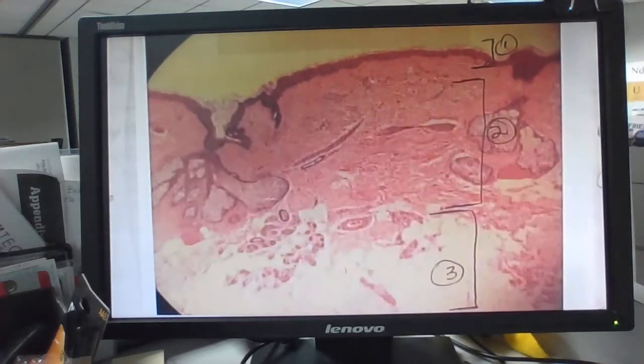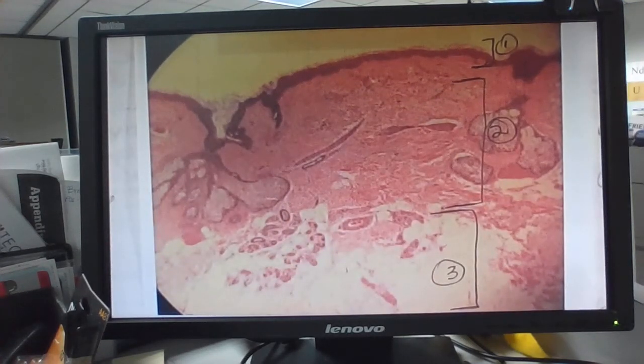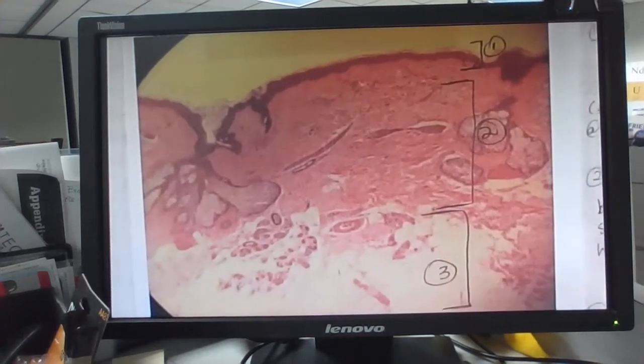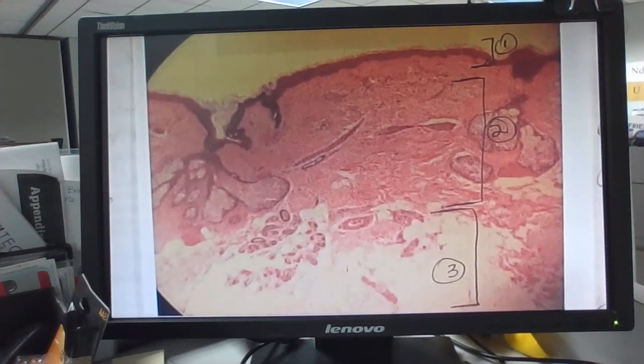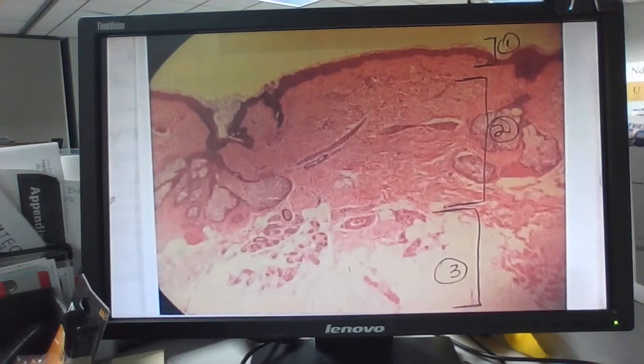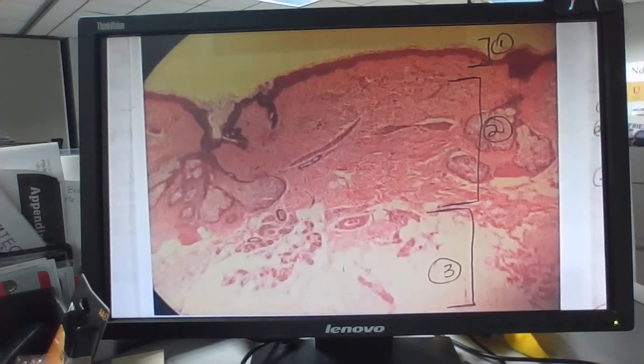This picture at the top is supposed to be representing a normal, healthy skin sample. 221 has been talking about basal cell carcinoma.